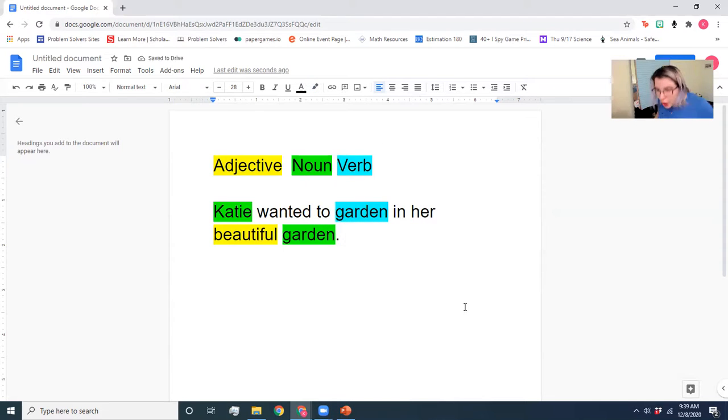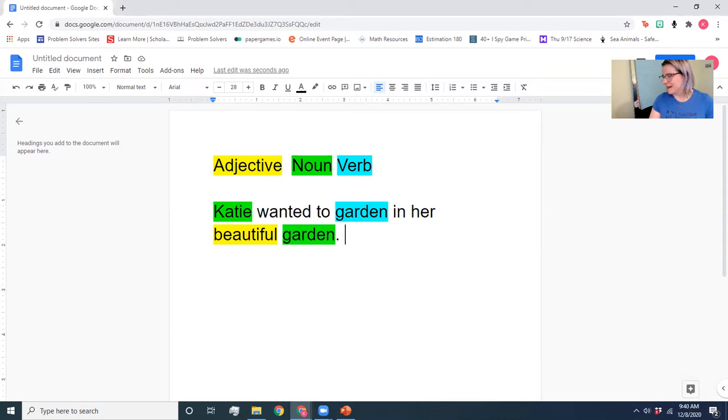So I'm going to garden as a verb in my beautiful garden as a noun. But Katie, you say, how can a word be both a verb and a noun? Guess what, guys? It's actually not that uncommon. It happens all the time. And it's really interesting. I want to look at a few more examples.